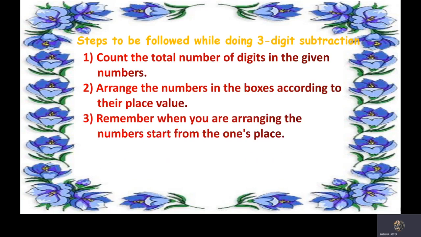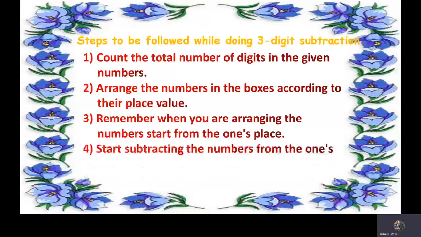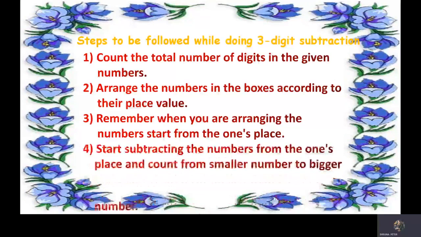Third point, remember when you are arranging the numbers, start from the ones place. Fourth point, start subtracting the numbers from the ones place and count from smaller number to bigger number. So always remember these 4 points while you are doing 3-digit subtraction.